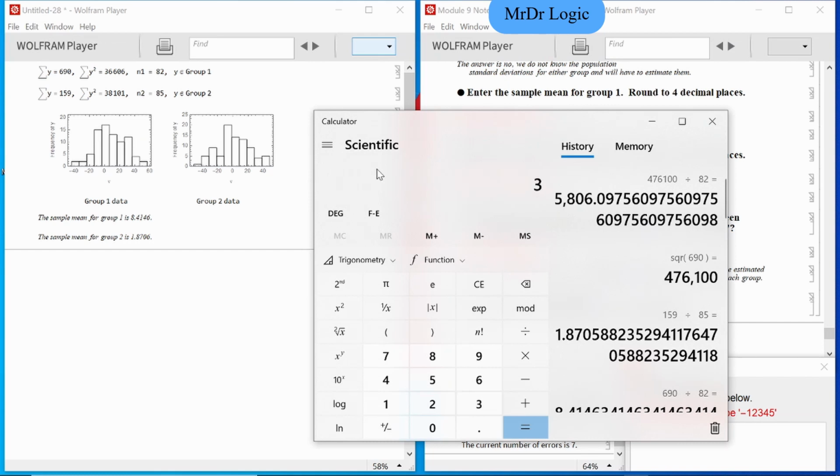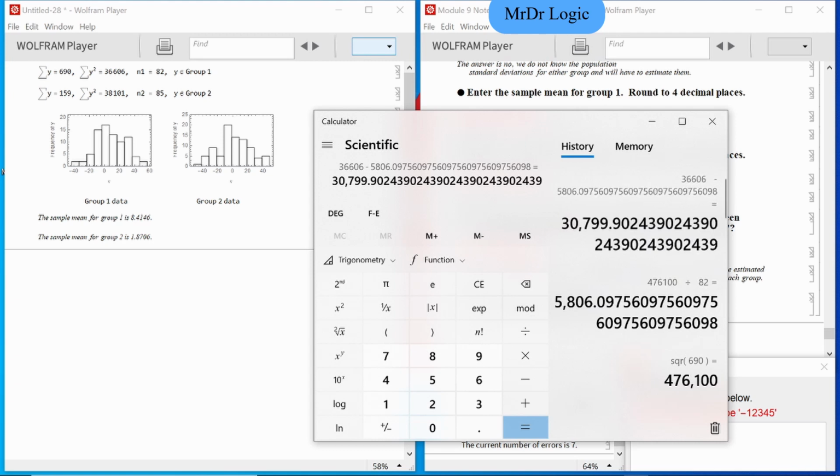I guess the annoying part is I have to retype most of those numbers. 5006, 6.09756, 97560, 97560. Hopefully I got every single one of those numbers correctly.